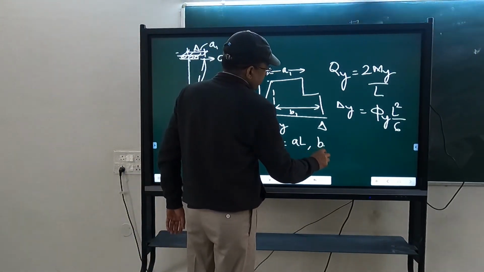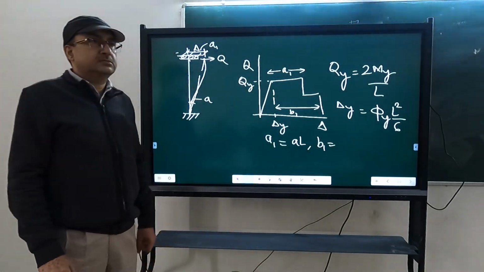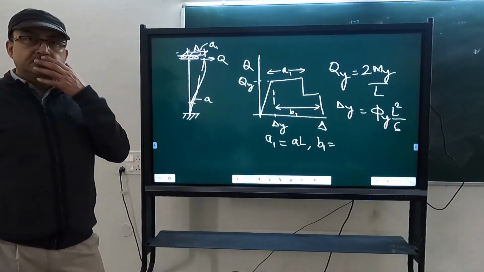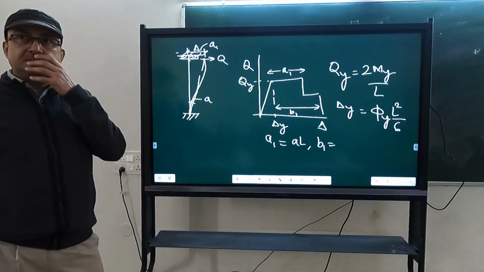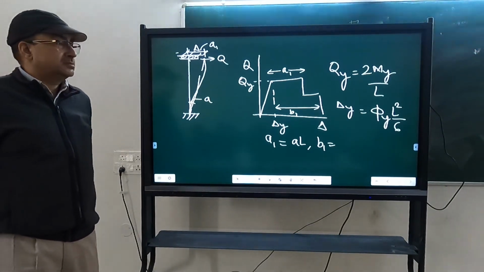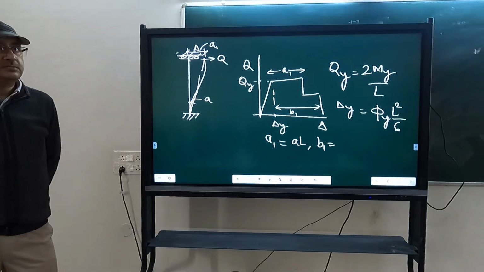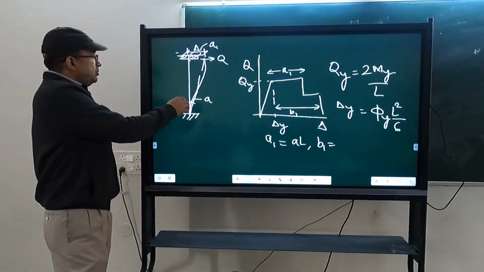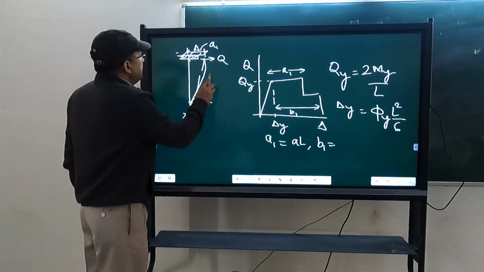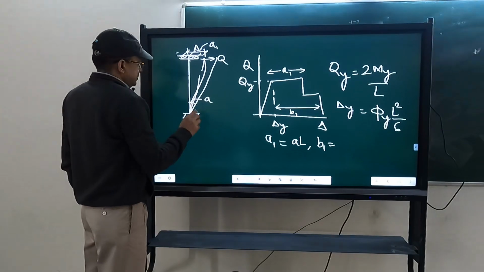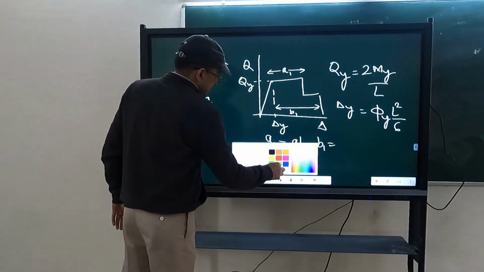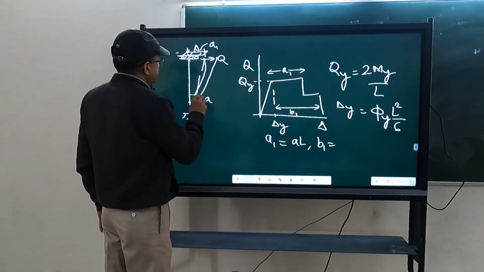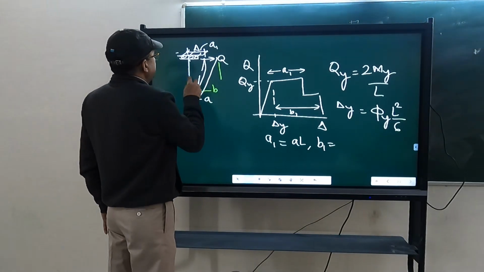And how much will be B1? Same. If this rotation increases to B, this is B. So how much will be this one?